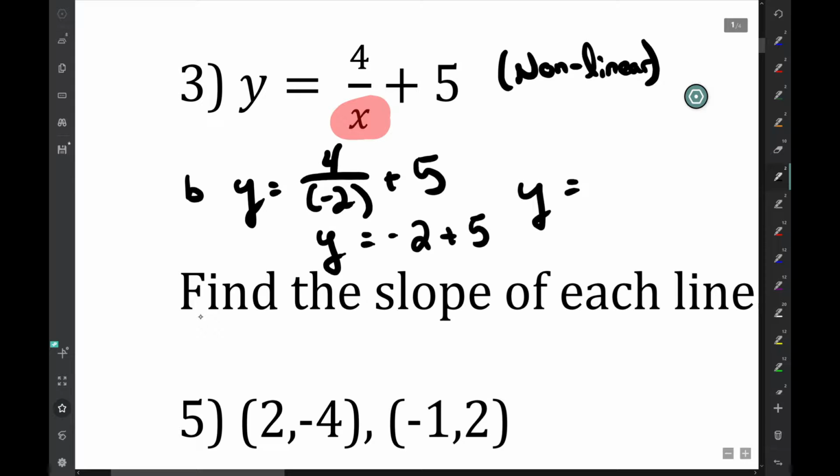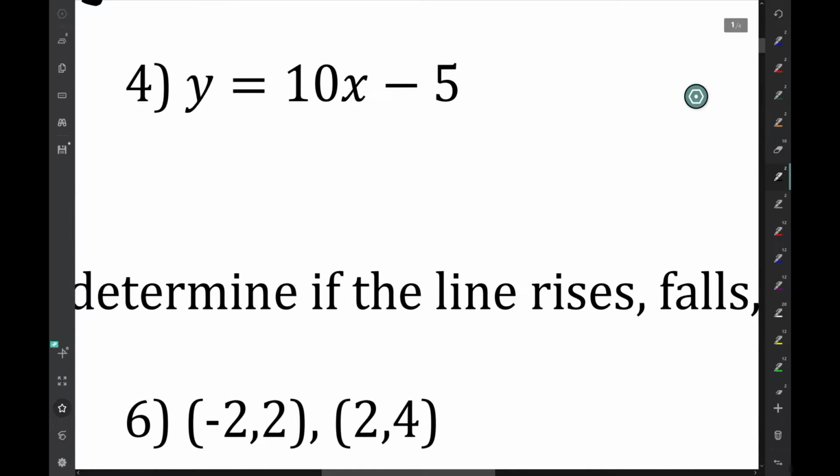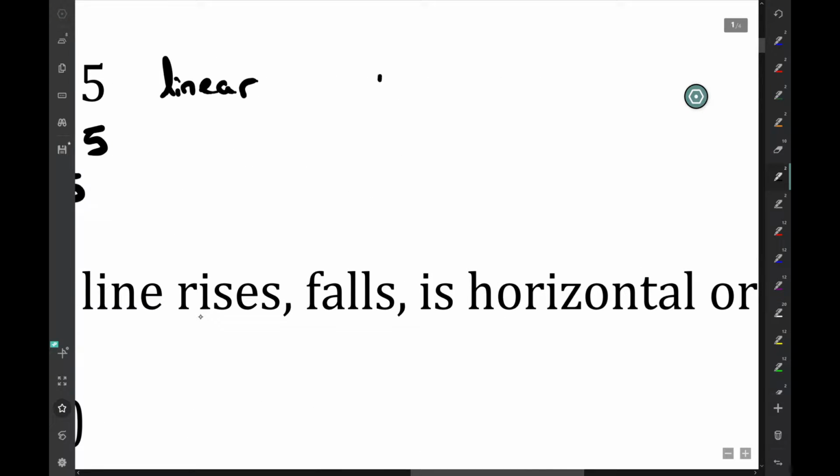Y would equal 3. That's the basic idea. Y equals 10x minus 5 is linear. And again, you're substituting -2 in for x. 10 times -2 is -20, minus 5 is -25.